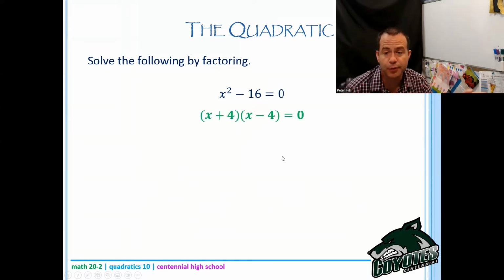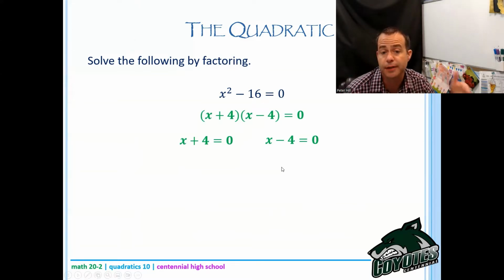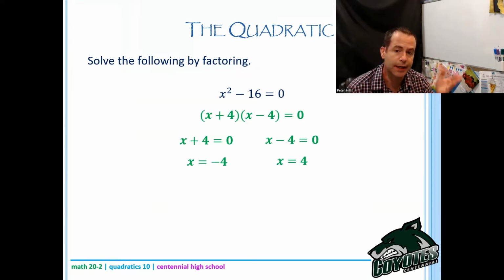Either one of those could be my 0: x plus 4 equals 0, or x minus 4 equals 0. If x plus 4 equals 0, I have x equals negative 4 because I subtracted 4 from both sides. And if x minus 4 equals 0, I have x equals 4 because I added 4 to both sides to get the x by itself. So two answers here, x equals negative 4 and x equals positive 4.